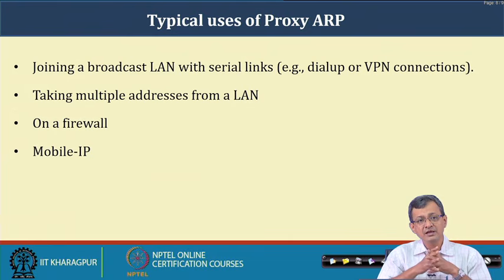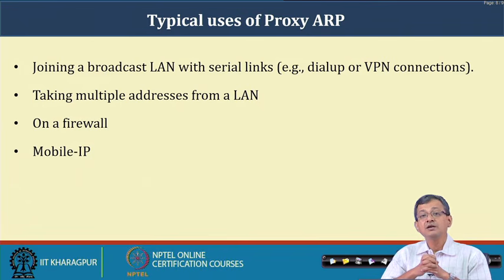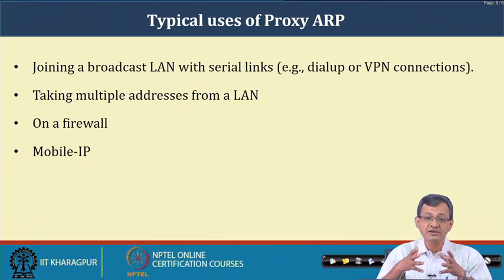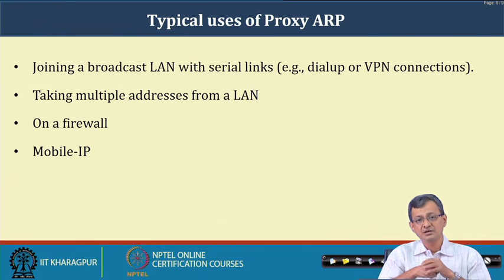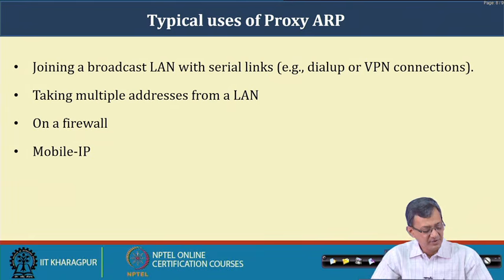On a firewall, I can have some sort of firewall level operations. There are also issues of mobile IPs, where it will be very helpful, so that handling mobile IPs will be much easier.